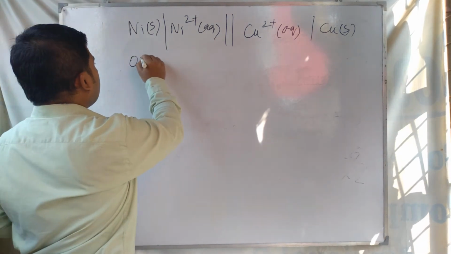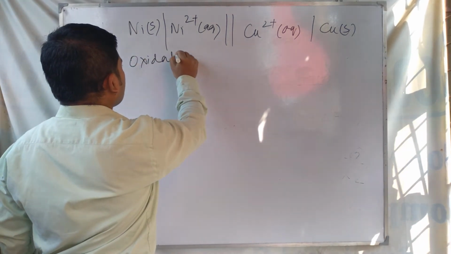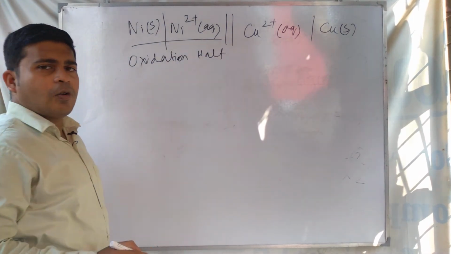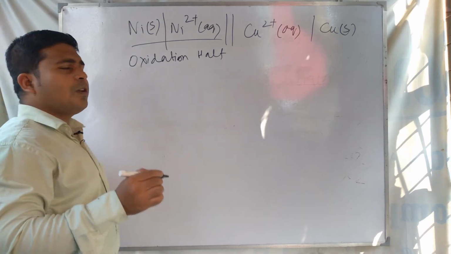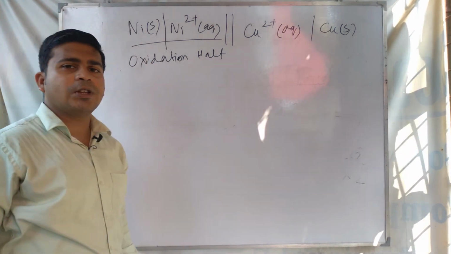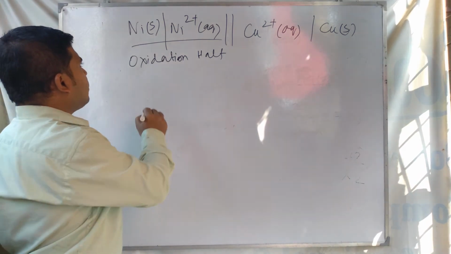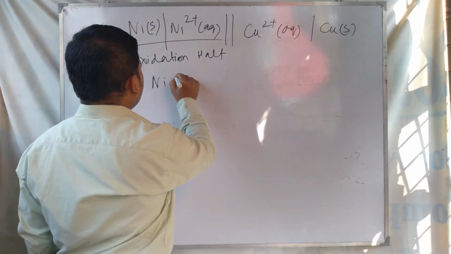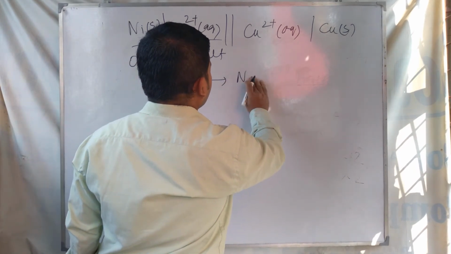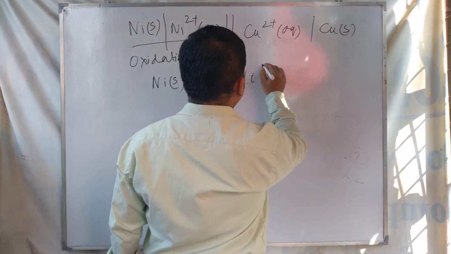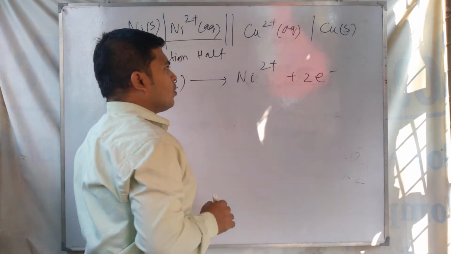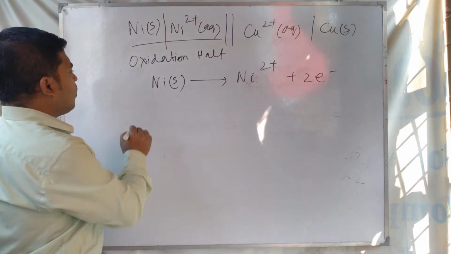You know, oxidation is taking place on the left hand side of this cell, and the right hand side represents the reduction. So the oxidation half reaction here is solid nickel, by losing 2 electrons, forming nickel 2+. This is the oxidation half reaction.